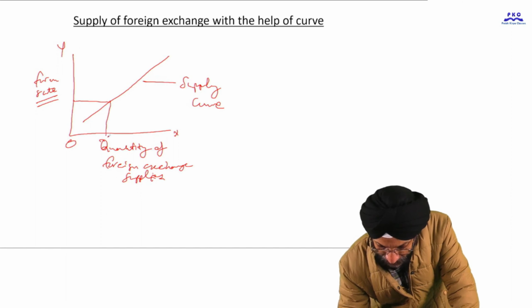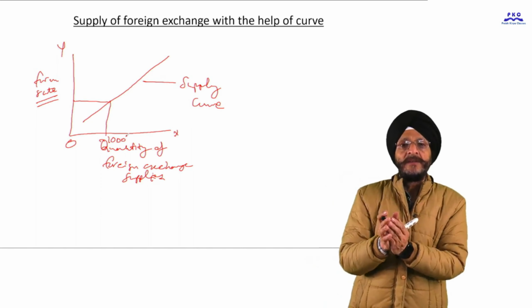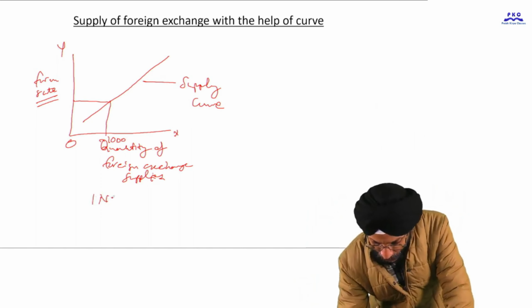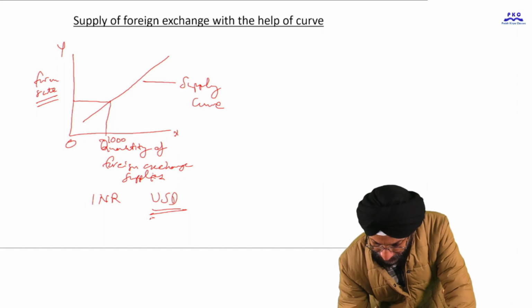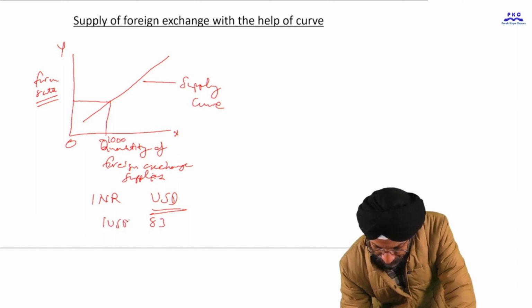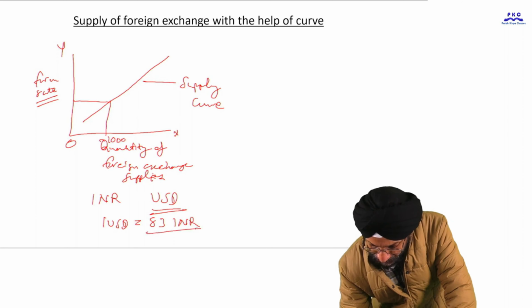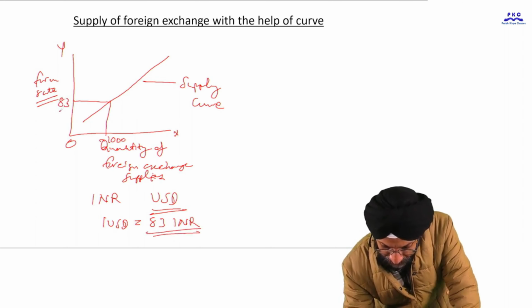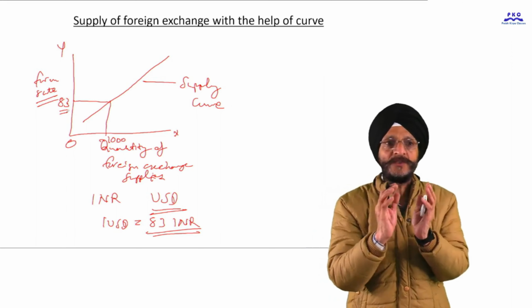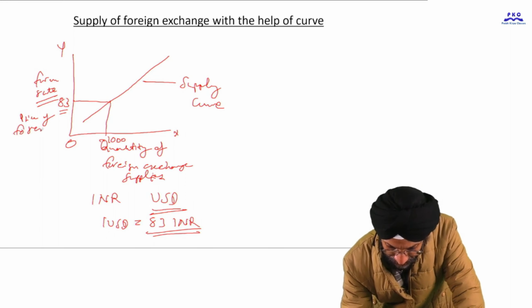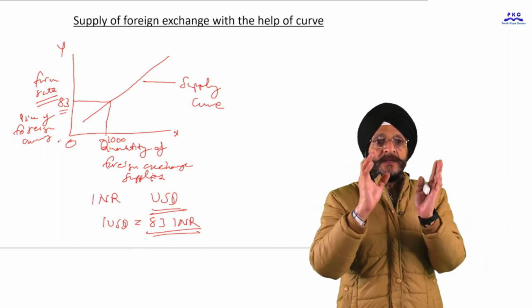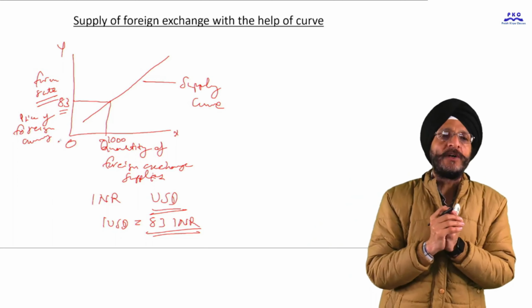Here we will take the example of the Indian rupee and the US dollar. At present, suppose the price of 1 US dollar is 83 Indian rupees. So if at present the forex rate, or the price of foreign currency in relation to Indian currency, is 83, suppose the quantity of foreign exchange supplied is 1000.